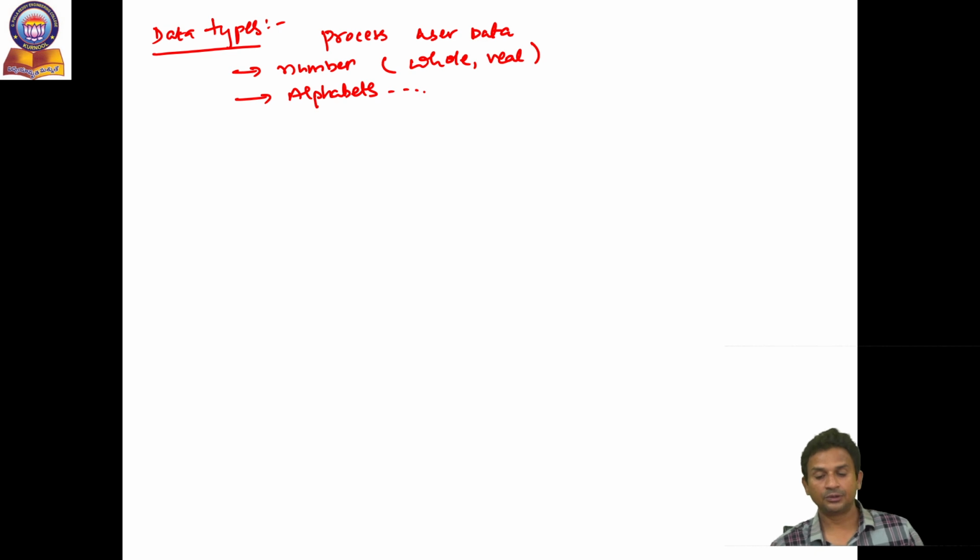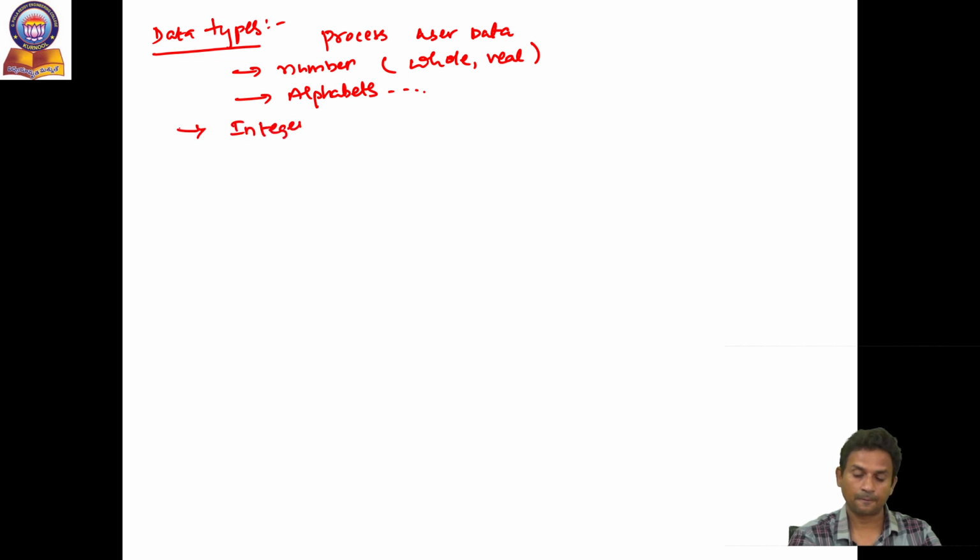In order to represent all these data types in a programming language, Python supports three main data types: integer, float, and string. And of course, there is another data type called Boolean.